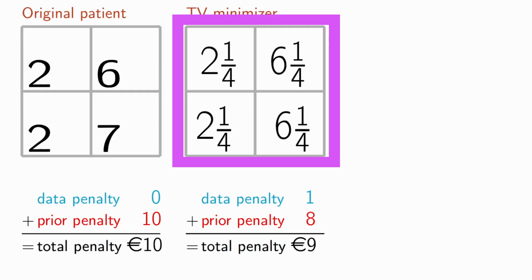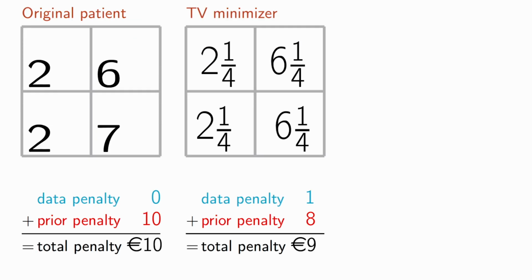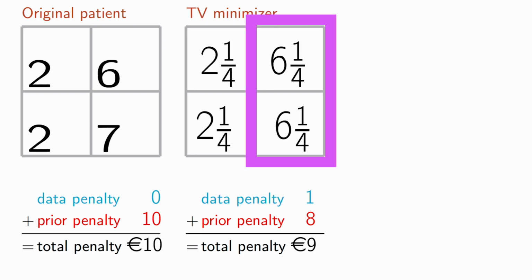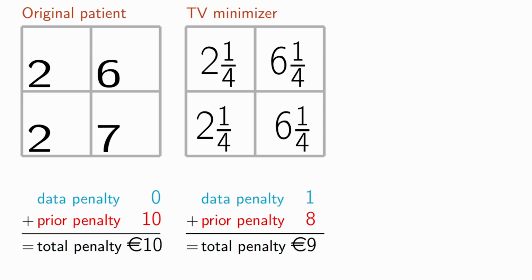Here you see the minimizer. These pixel values give the smallest combined penalty you can ever find, whatever you try. Note that there are two internal organs, left one soft and right one hard, as in the original. We will see in a later video how to actually solve this minimization problem of total variation regularization.